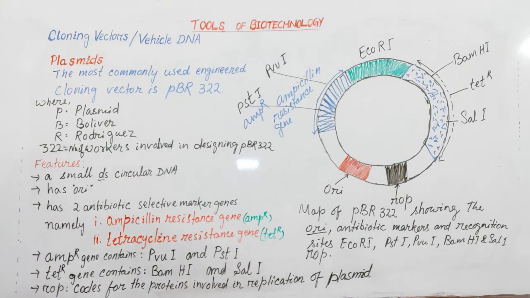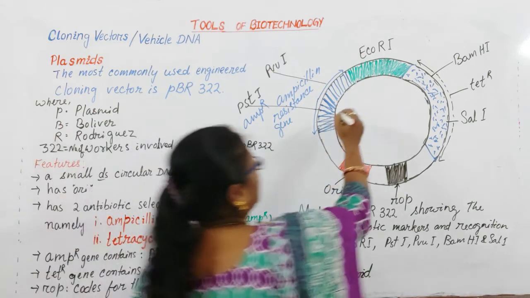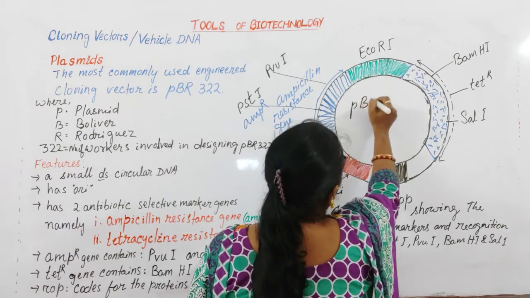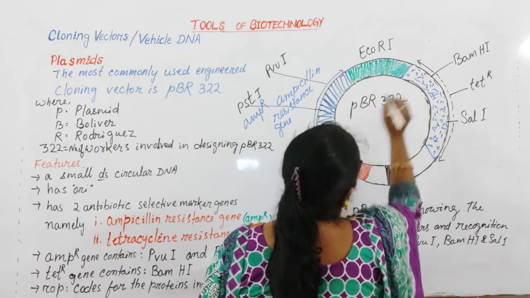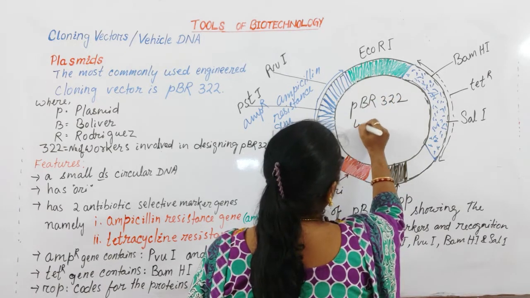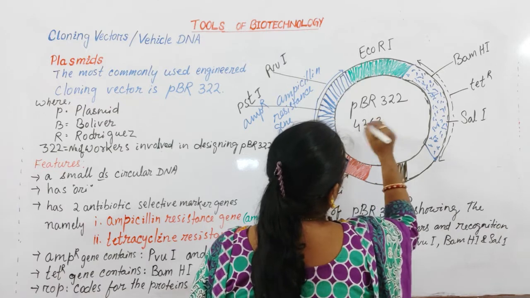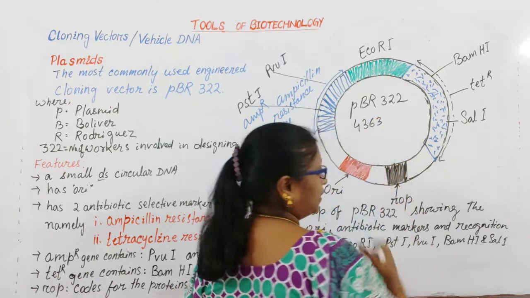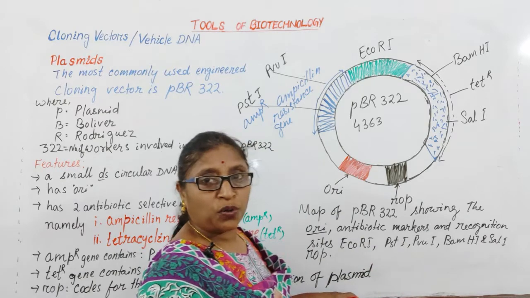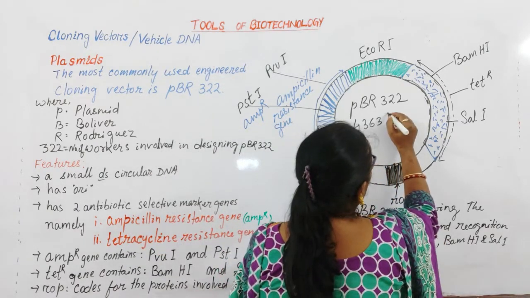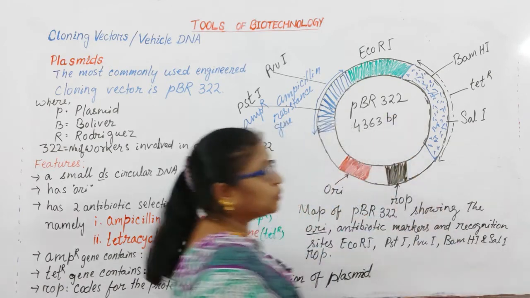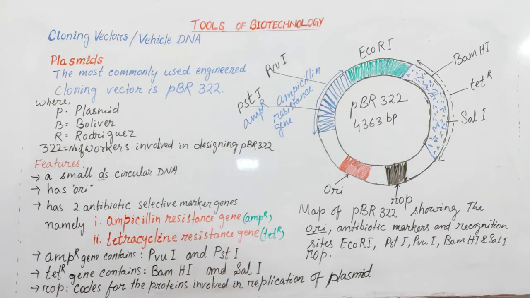Showing all this, and here you have to write down pBR322 here, and this is the 4363. That size is it can capable to clone the size of 4363 base pairs. Okay, 4363 base pairs.